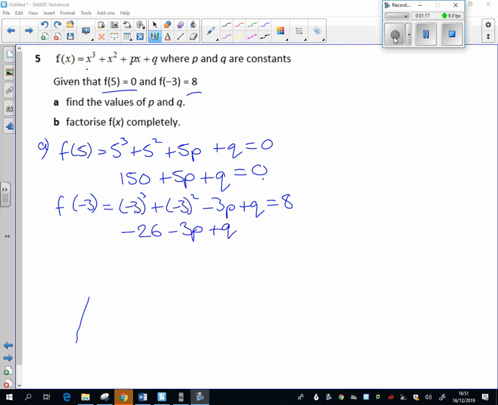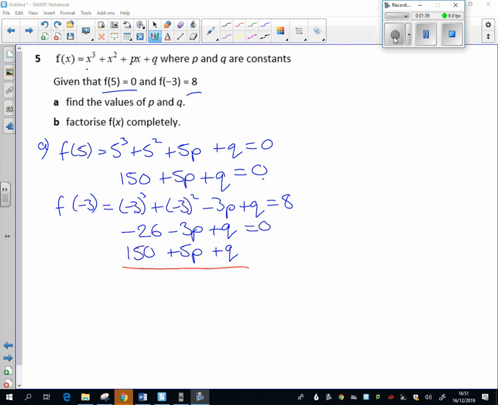So there's then a variety of ways I can solve those simultaneously. The way I've got mine lined up, I'm just going to subtract them because I've got a plus q on the end of both of them. So I'll rewrite that one. Okay, and it doesn't really matter which way round I go.